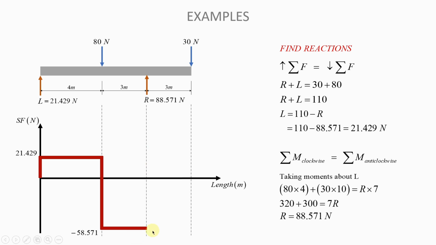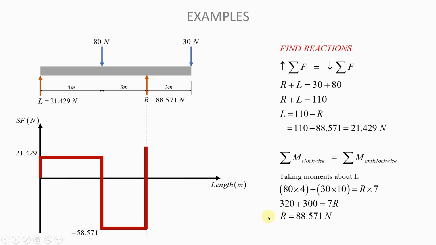Once you reach this location, now you have this reaction R, which is a force that is shooting up. So from minus 58.571, you need to go up by 88.571. You add because it is a force that is going up.